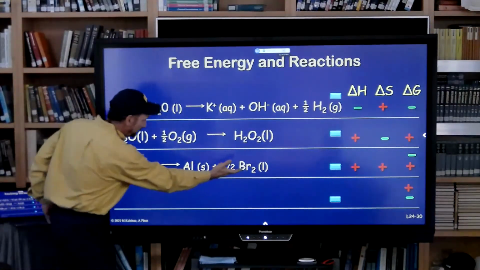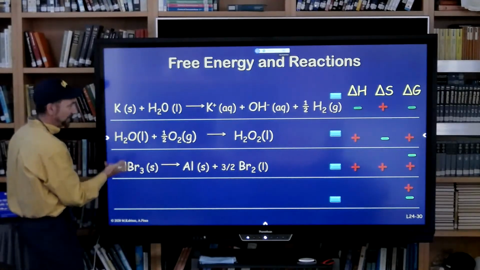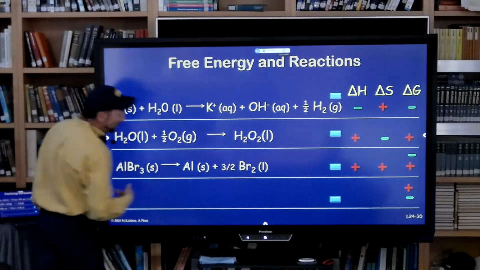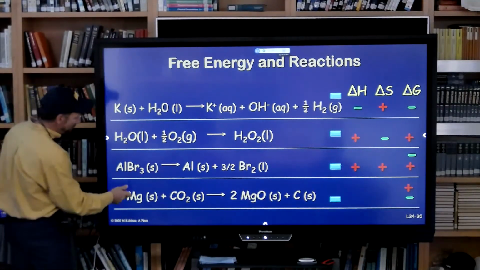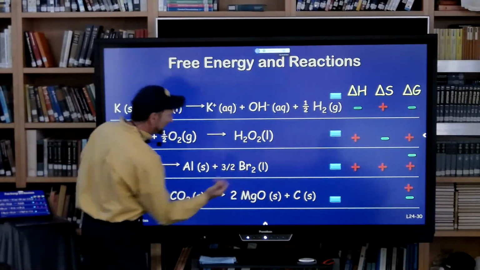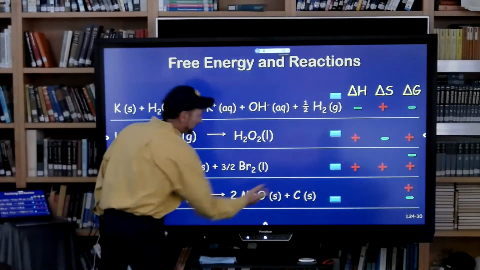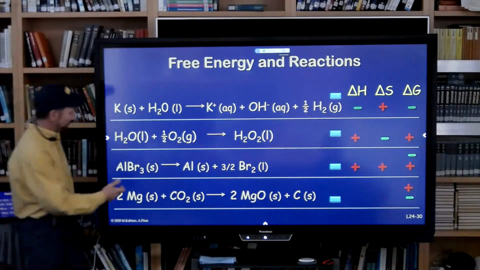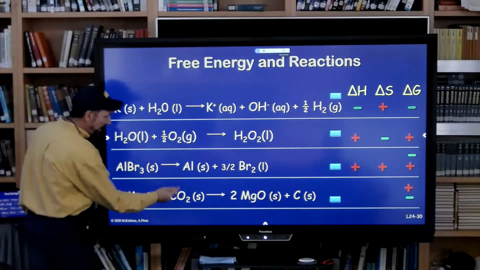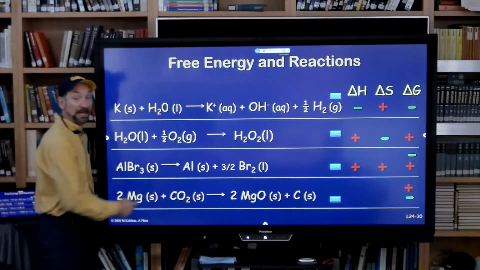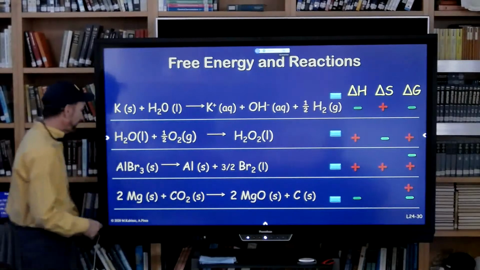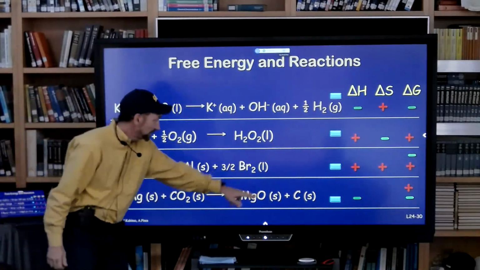So this reaction we did in reverse because that's the spontaneous direction at room temperatures. This reaction here, magnesium solid with carbon dioxide solid going to magnesium oxide and carbon solid. We talked about that briefly, the oxidation of magnesium. In this case, not the oxidation by oxygen itself, but by carbon dioxide. In this case, we're forming all solids.